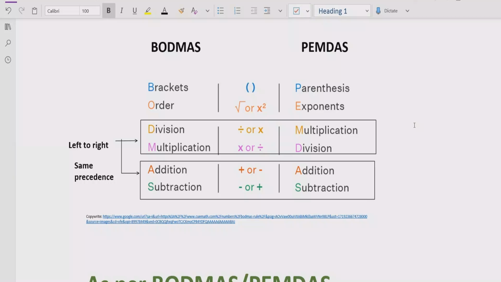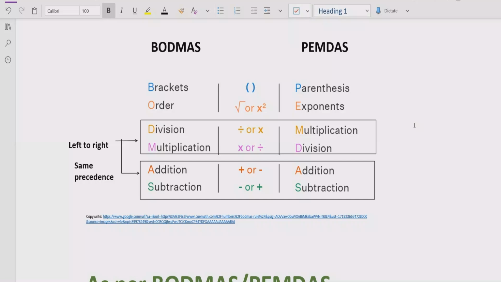Step number 3 is you have to solve division and multiplication. Both have similar precedence. You can solve any of them which is coming first. Similarly, for addition and subtraction, we have the same rule. We can solve addition first if it is coming first, and we can solve subtraction first if it is coming first.